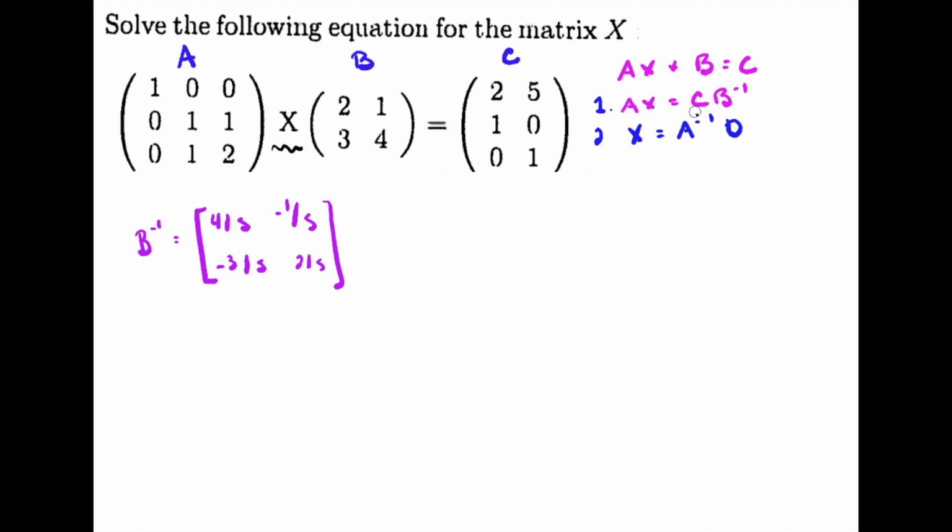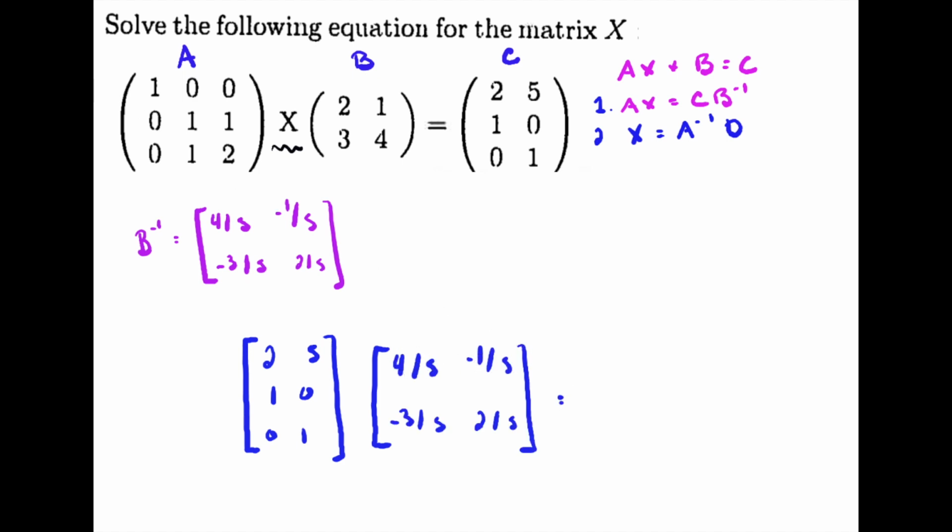The next step is going to be multiplying C, matrix C, by the inverse of B. So let's write that out as well. We have matrix C, which is 2, 5, 1, 0, 0, 1. And we're going to multiply this by our inverse of B. If you remember how to do this, we take our first row and our first column.